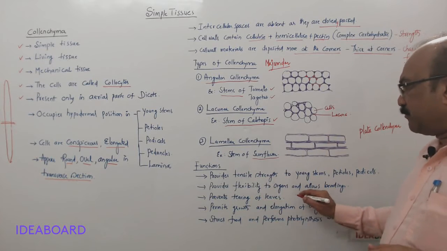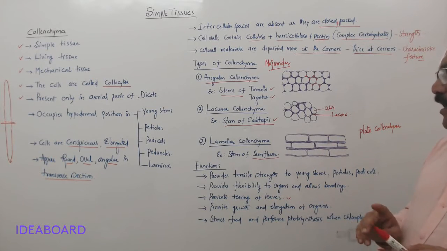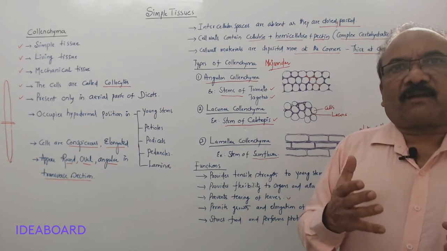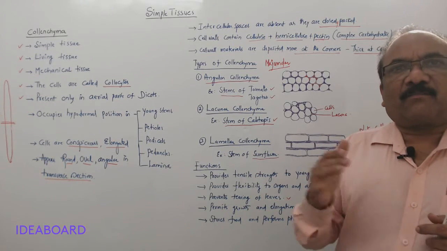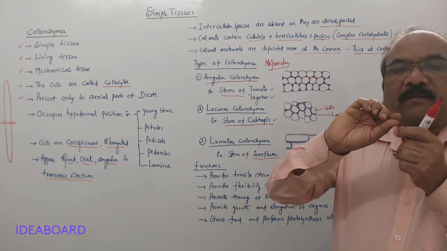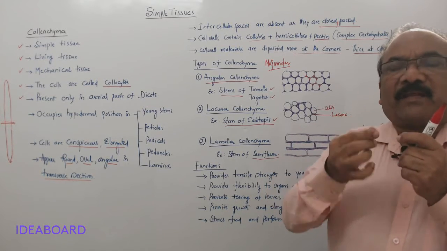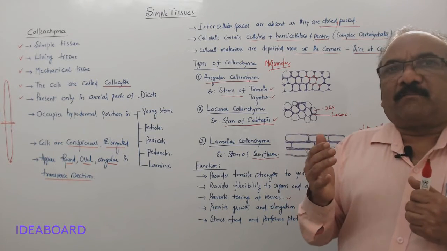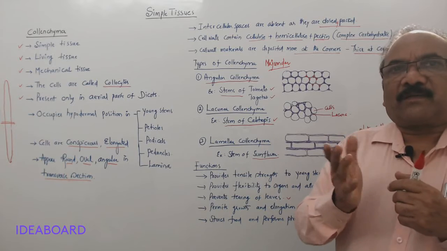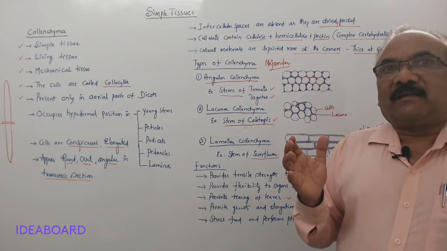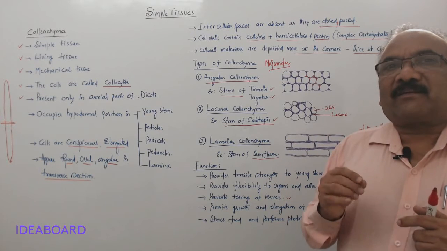Okay, and it prevents tearing of leaves. I hope you know about grass leaves. Grasses are monocots, and if you break them, they will break very easily. And you might observe that even because of the wind, sometimes they tear off, but it never happens in the case of dicot leaves.